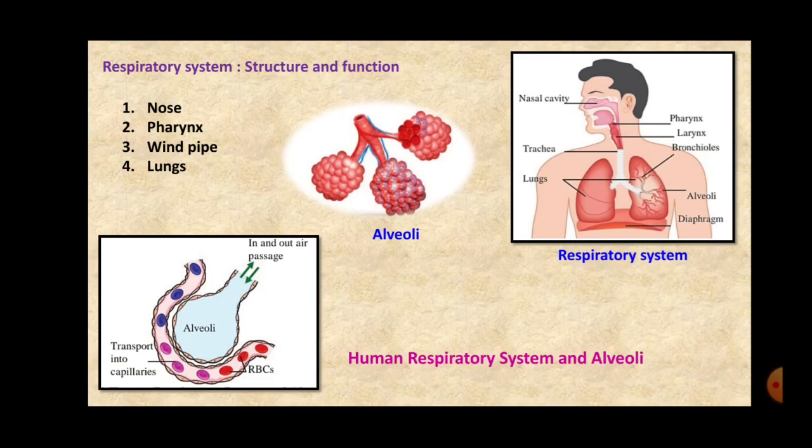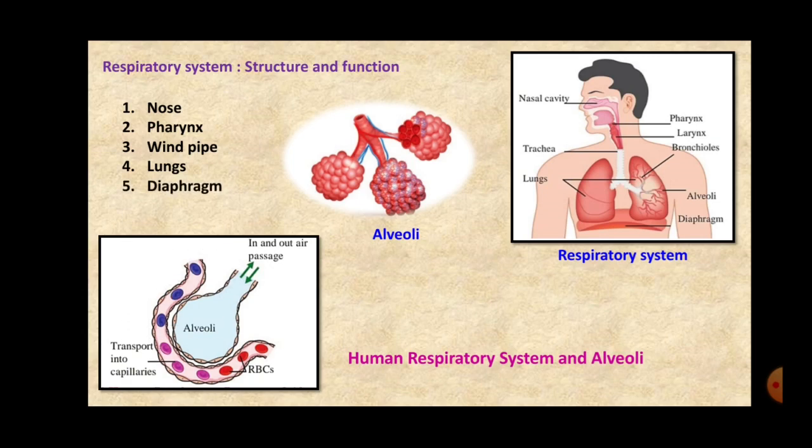Now this hemoglobin absorbs the oxygen from the air and then it passes on inside, and at the same time carbon dioxide and water vapors move out of the blood through these alveoli. So it is in these alveoli where the oxygen is absorbed in the blood and carbon dioxide is given out of the blood, and then they are removed from the body through the process of exhalation. Okay.